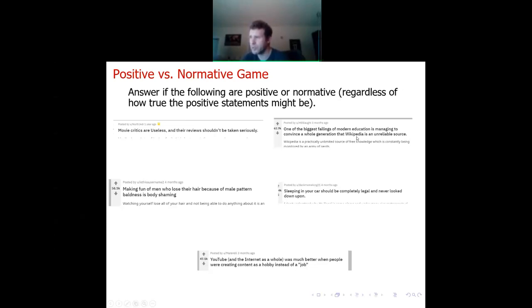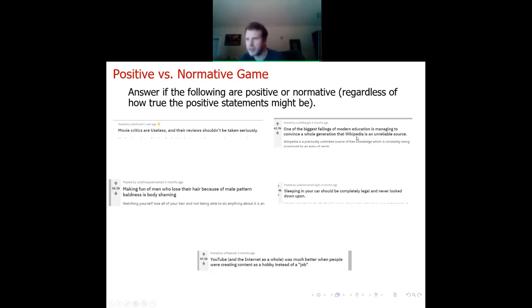You can provide evidence that Wikipedia is reliable, or given that the education system is saying it's unreliable, you can do a cost analysis of what that would look like. That is, to me, a very positive question. Even though it's still kind of an opinion, it's something that's true or false, falsifiable. You can provide evidence of it. A corollary normative opinion would be something like, Wikipedia should be used as a reliable source.